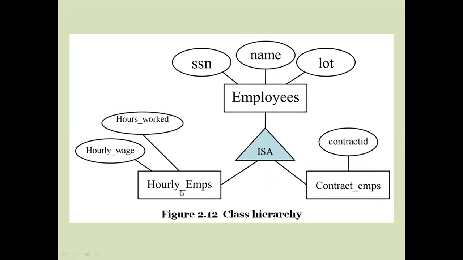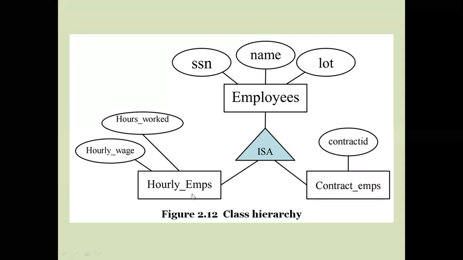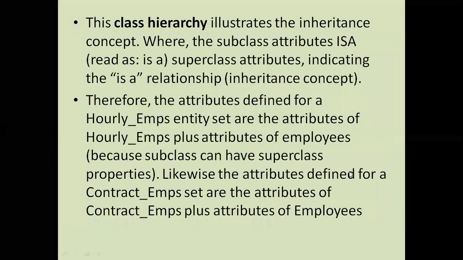But these are different, so there may be IDs. For example, our hourly employee has some ID, the contract employee has some ID, but both have the SSN, name and lot. Therefore the attributes defined for our hourly employee entity set are attributes of hourly employee plus attributes of employees, because a subclass can have the superclass properties.